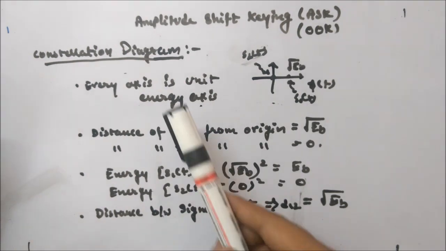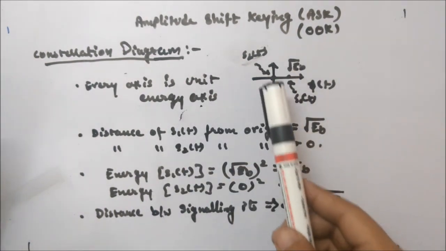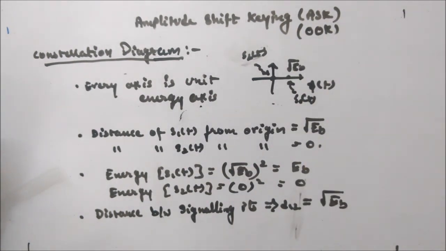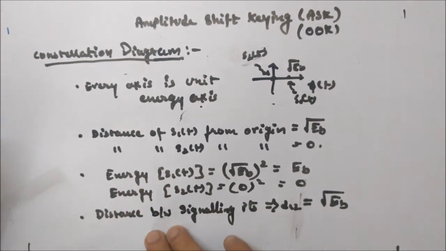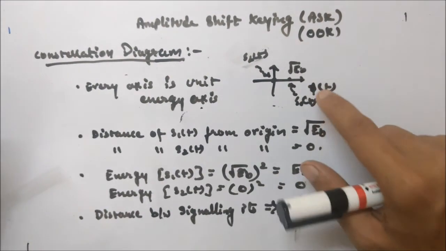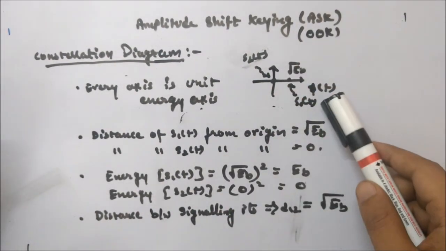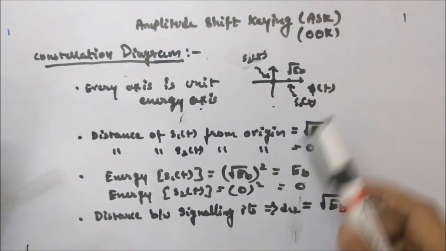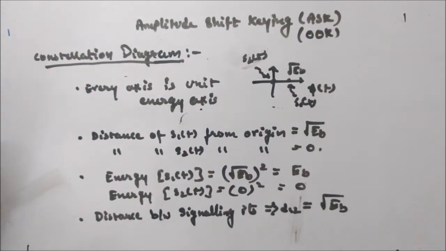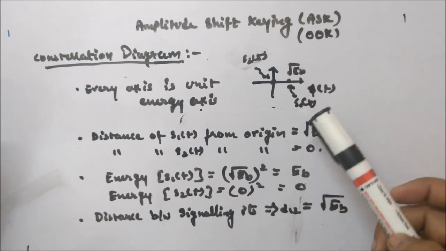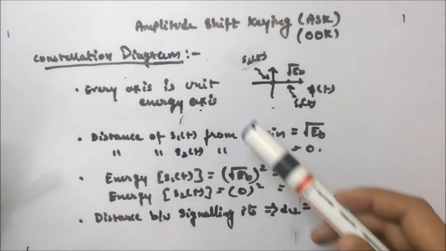That is why studying the constellation diagram is important, because you can calculate the energy and the distance between the signaling points. And remember, the axes are unit energy axes. Whatever function you have on an axis will have unit energy, and accordingly you will mark your signaling points.